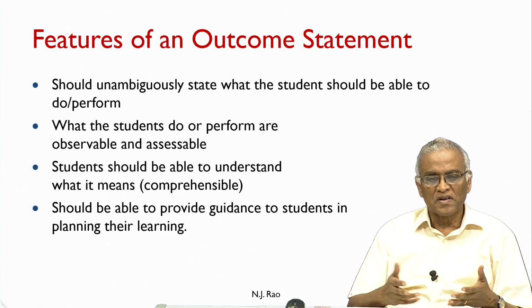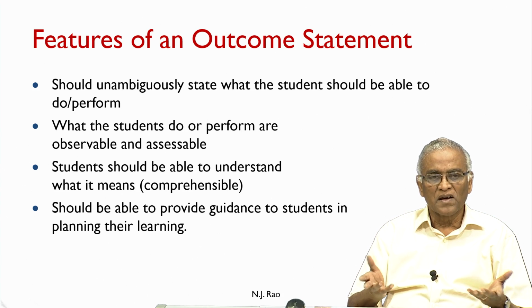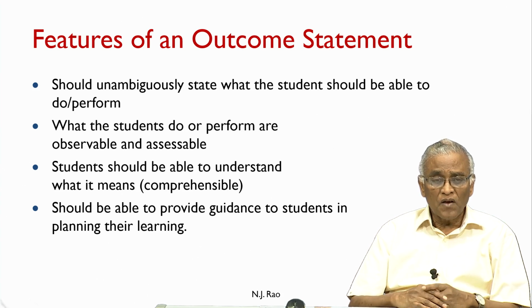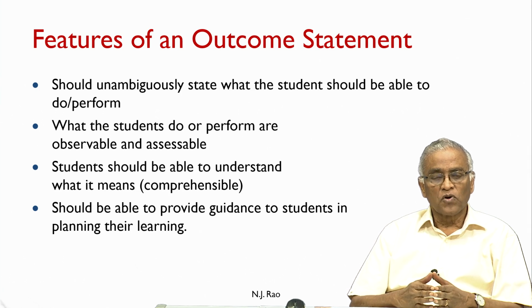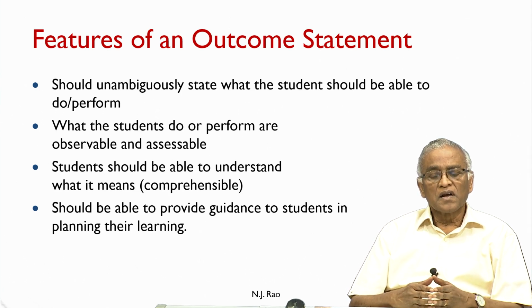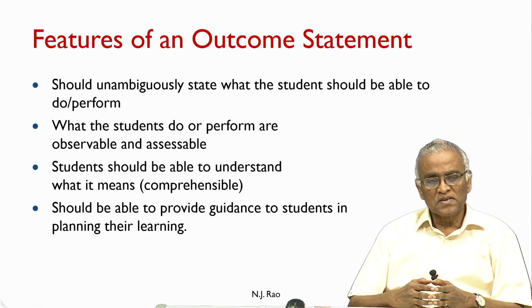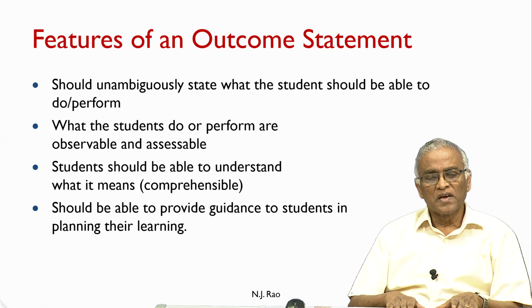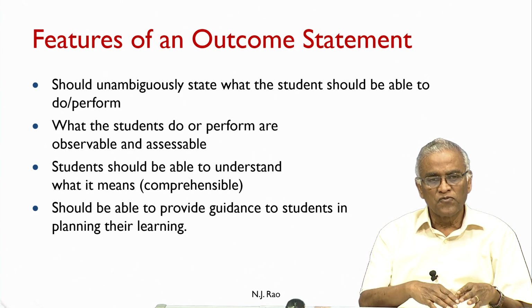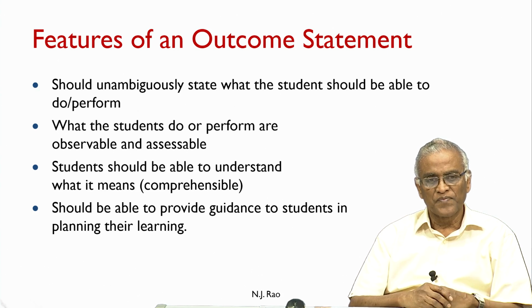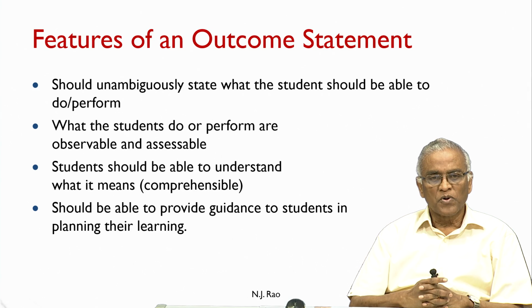I cannot decide whether the outcome has been attained or not. We will spend more time on that. Students should be able to understand what it means. Comprehensible means you should not write in a very complicated language where the student for whom it is intended is not able to fully understand the meaning of that. So it should be comprehensible, and it should be able to provide guidance to students in planning their own learning.